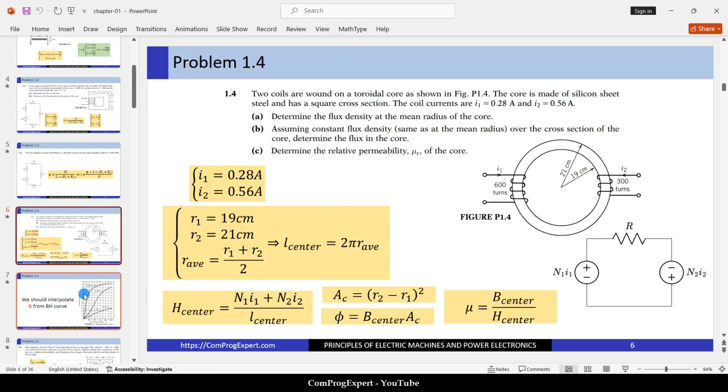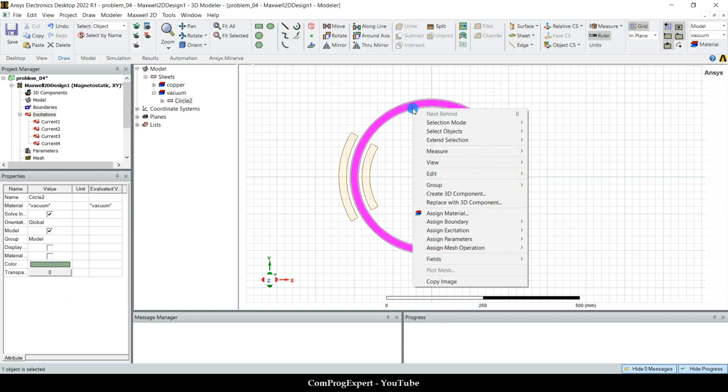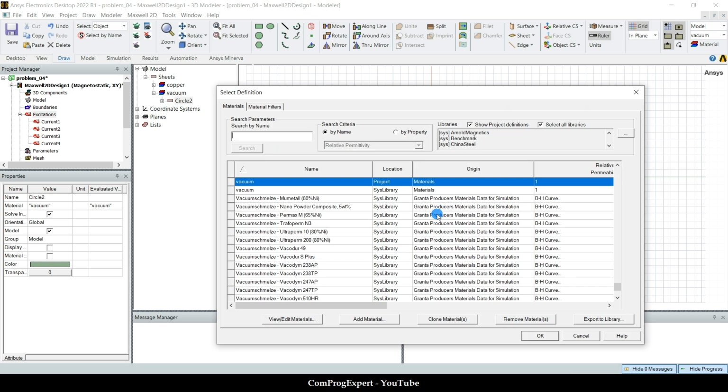Here we have this material, silicon sheet steel. Do we have this HP curve in ANSYS Maxwell library or not? So let's check. Right click, assign material. We have a bunch of materials in the library of the ANSYS Maxwell.